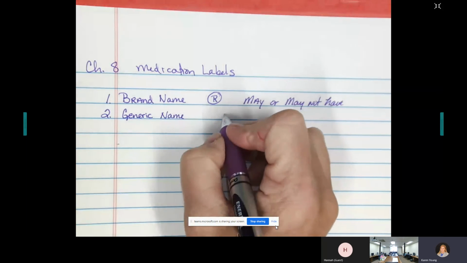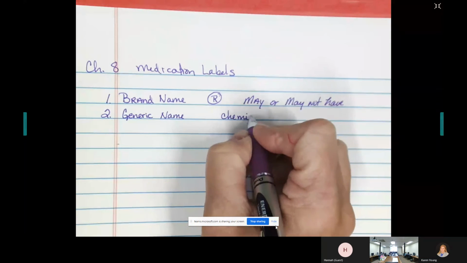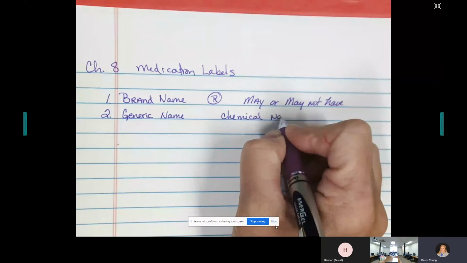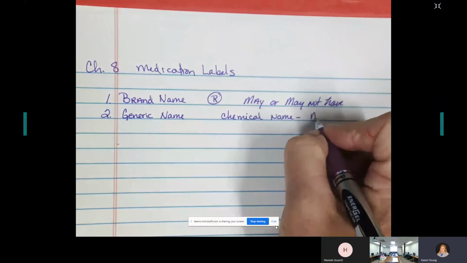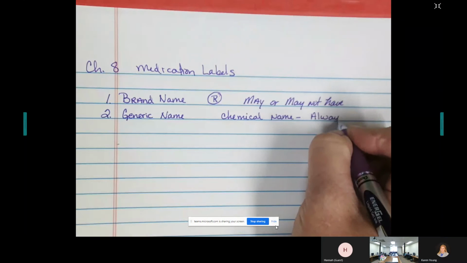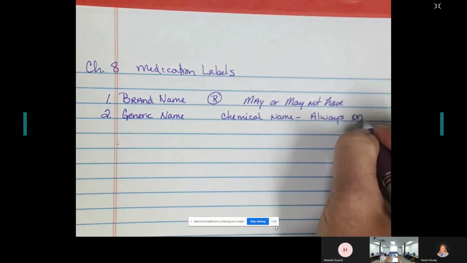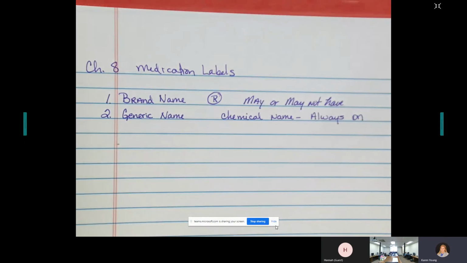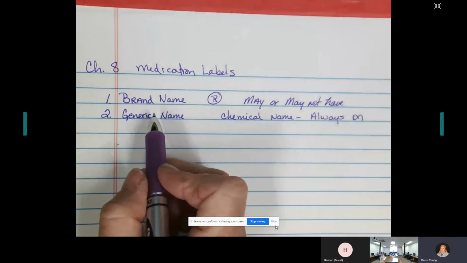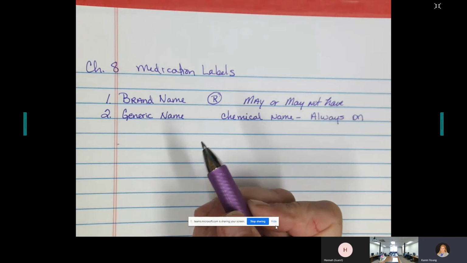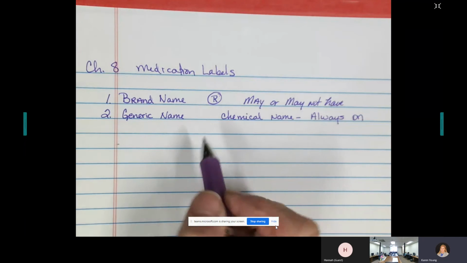And the generic name is usually the chemical name. And this is always on the drug label. Okay, so it will always have a generic name where it may not have a brand name. And I shouldn't use Tylenol, I should use Motrin, because at least I can say the generic name for Motrin. Motrin has the brand name of Motrin, but it has the generic name of ibuprofen.